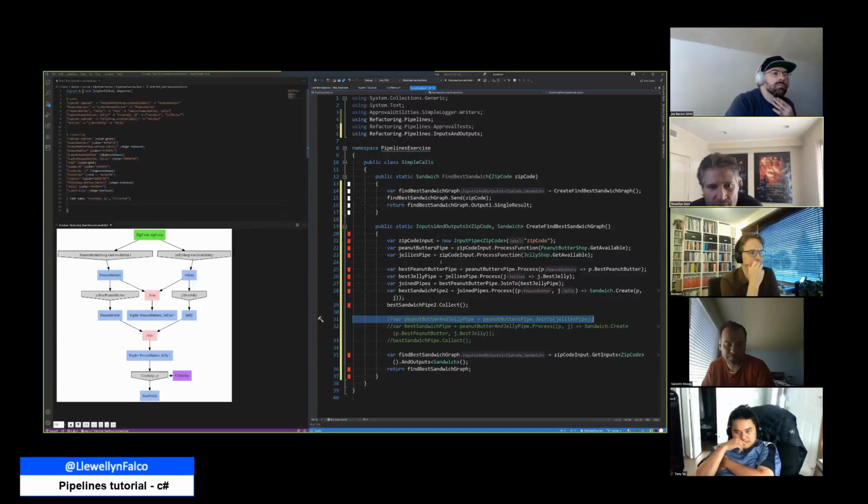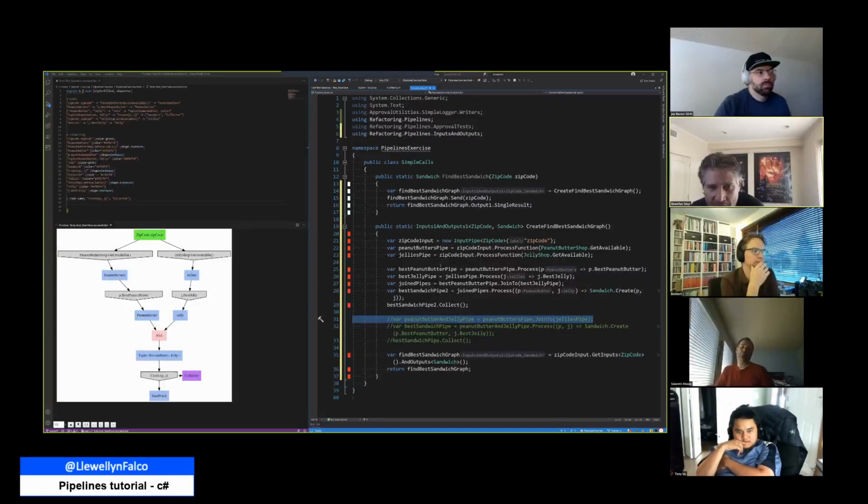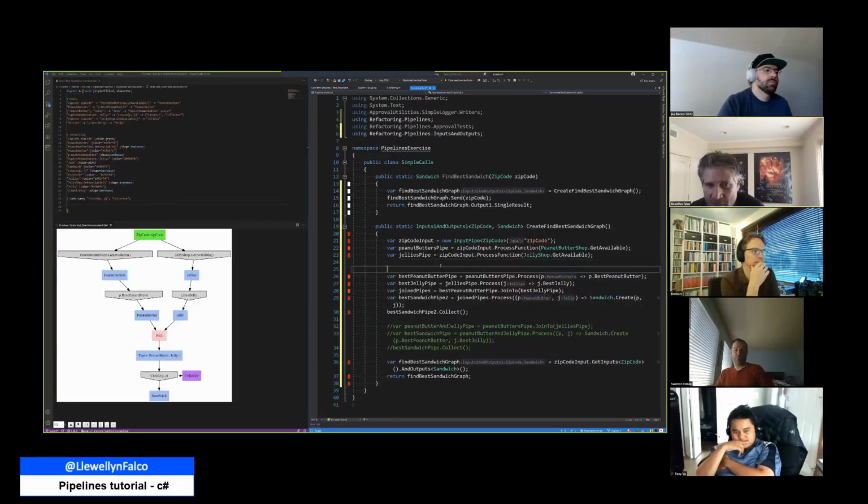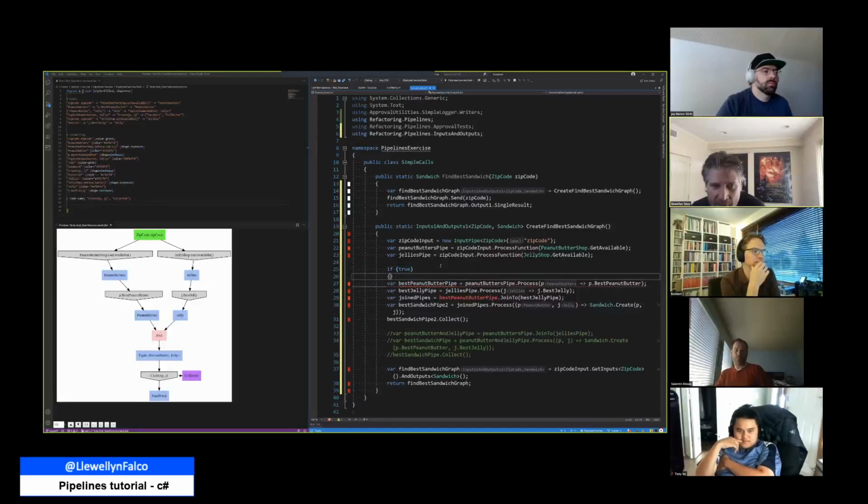So there we go. Now we take our zip code, we go to the peanut butters, we go to the jellies, we get the best peanut butter, we get the best jelly, we join them together, and then we create the sandwich.